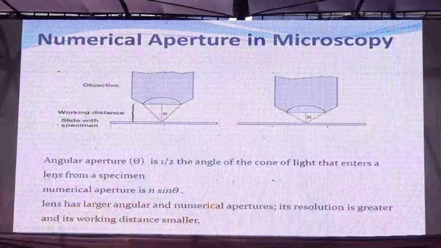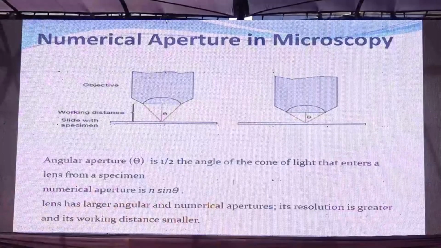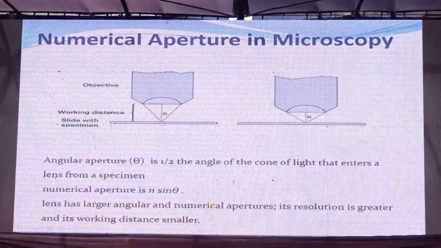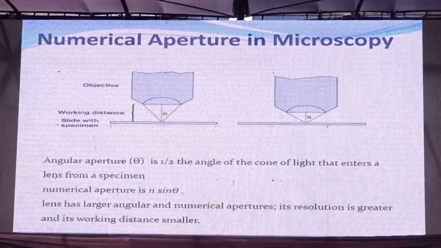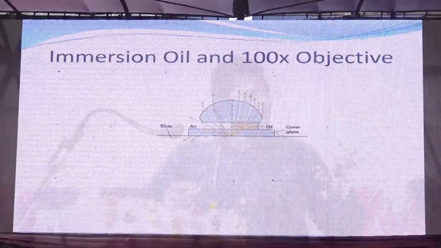So the lenses with larger angular and numerical aperture have greater resolution and a smaller working distance. I think all of you have worked with the microscopes. When you are working with the microscope, you place the specimen on the stage and focus at 10x objective.